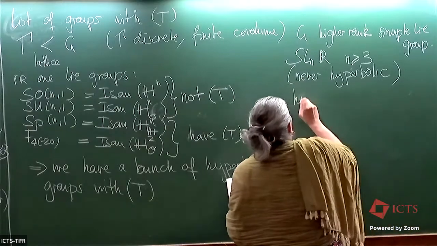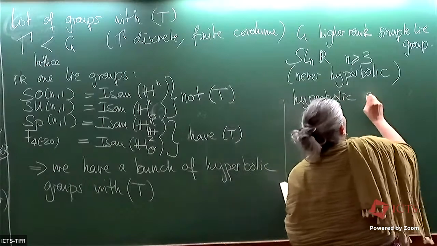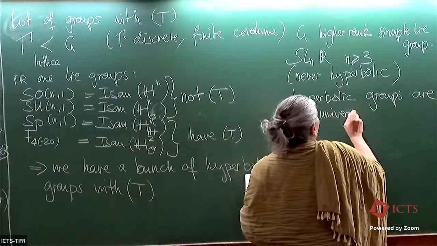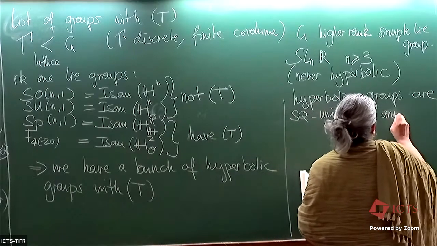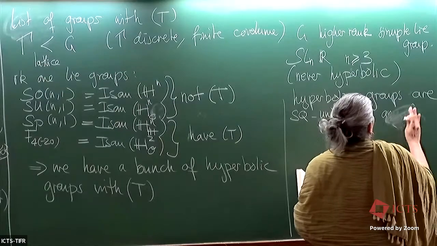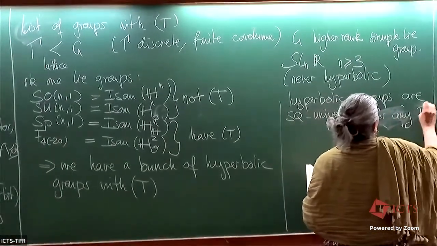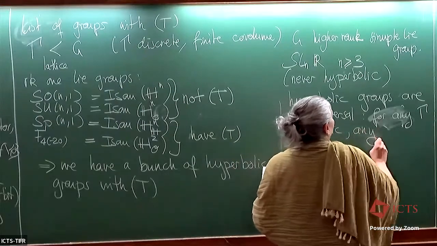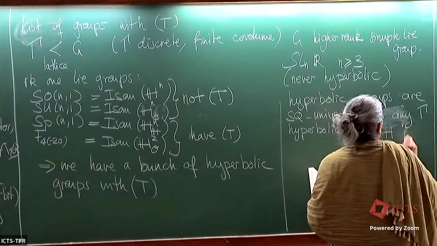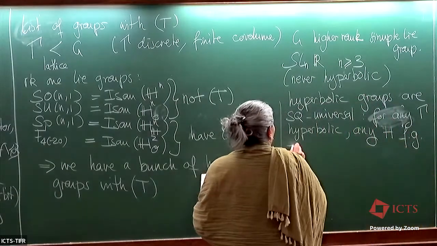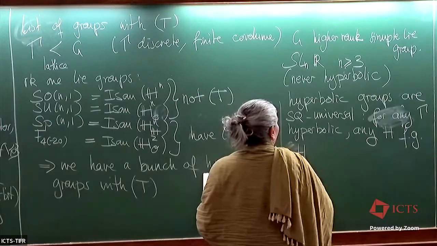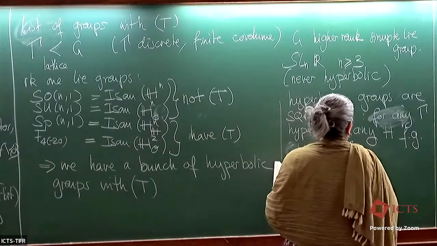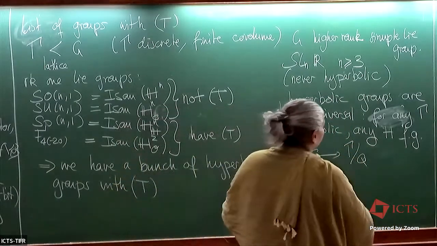So hyperbolic groups are SQ universal, meaning that for any Gamma hyperbolic, any H finitely generated, H embeds in a quotient of Gamma.